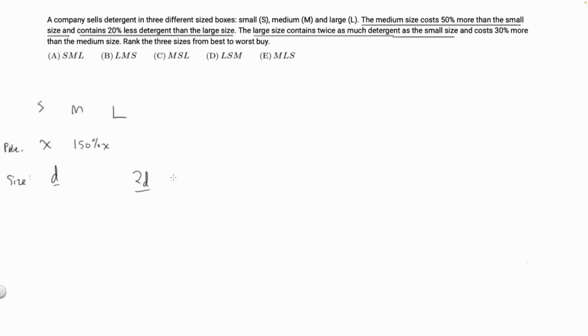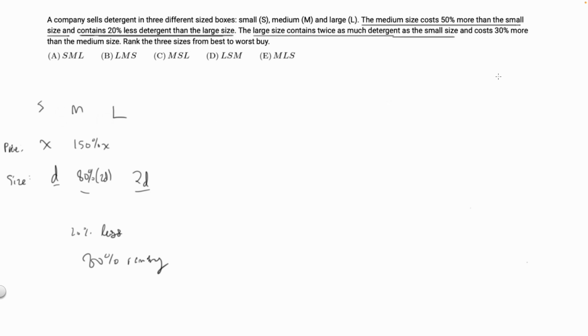And since we know this one, we can go back to the medium size, which said it contains 20% less detergent than the large size. So if it's 20% less, then it's going to be 80% remaining, so 80% of 2D from the large size.